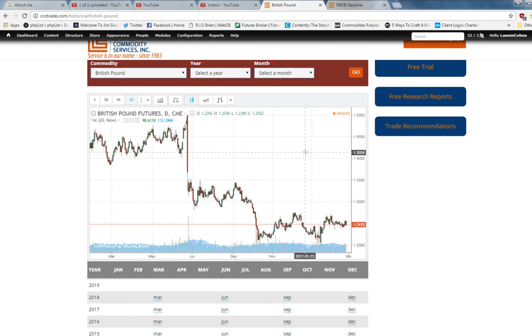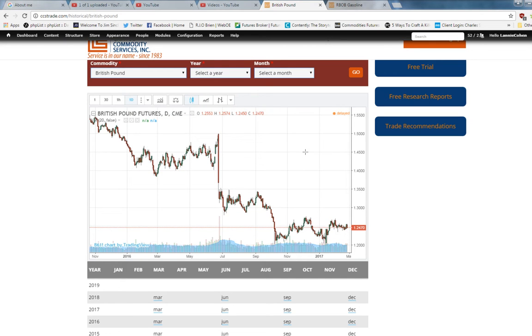Now, it's called a continuation chart because what they do is they plot the most current active month, which they start with March. So they plot March till March is done. Then they continue with June till June is done. Then they continue with September and so forth and so on, and thus it's called a continuation chart.